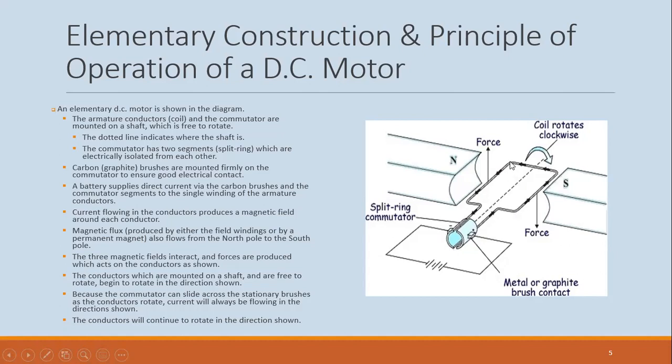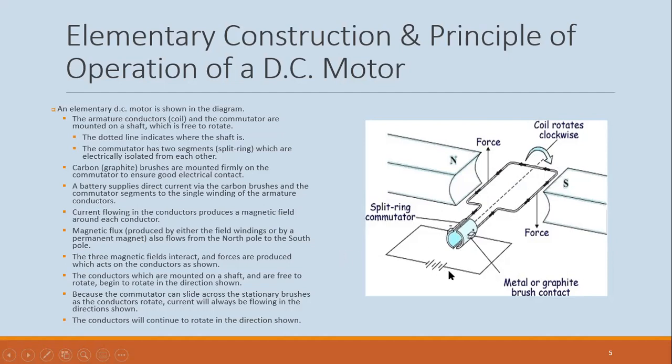So we have, in this elementary machine, one coil, and the coil is made up of 2 conductors, right? So you can imagine that the conductors split somewhere along here, right? So 2 conductors, 1 coil, 2 conductors.